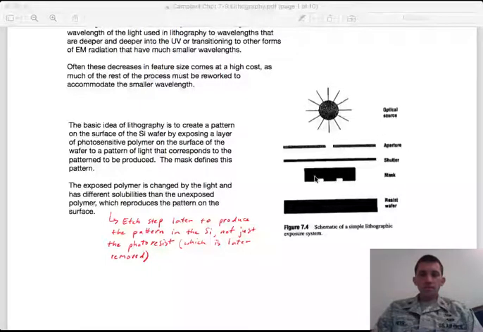That light is shined through a mask that has opaque and transmissive regions and is incident on the wafer and photoresist.